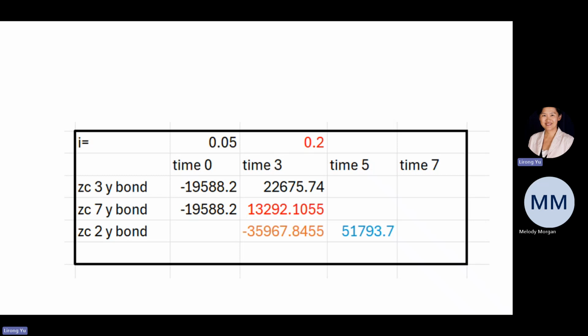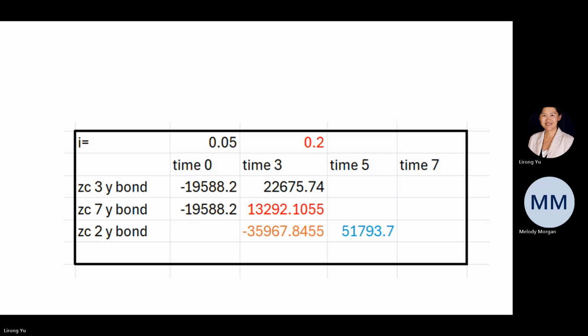So you get your 67.75 cash flow, but it changes the cash flow for year 7, because our plan is at time 3, we're going to sell the 7-year zero coupon bond to get cash. The cash we get from the 3-year zero coupon bond and the 7-year zero coupon bond all become a purchase for the 2-year zero coupon bond. So then the total cash flow at time 3 will be 0.